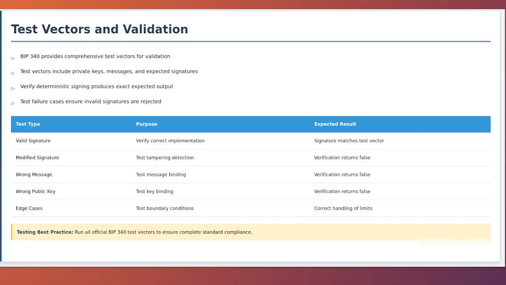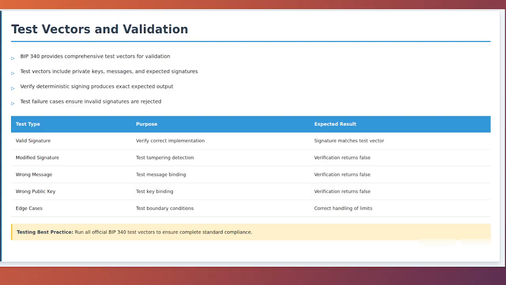Suppose we have a private key represented in hexadecimal. We convert this to an integer, then use our key generation function to derive the public key. We compare the public key x coordinate to the expected value in the test vector. Next, we take the message from the test vector, which might be a simple string like "test message", and convert it to bytes.